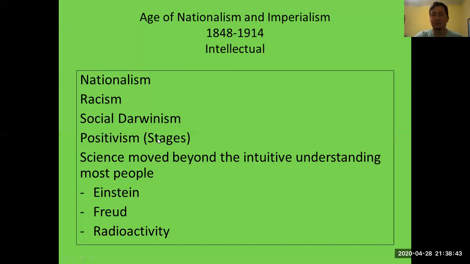We got positivism, this idea of stages, which again feeds into the idea of social Darwinism and racism. Remember, positivism, these are those stages of evolution or evolutionary progression where people groups move from what Kant would have said is a more simplistic view of the world and of themselves to a more complicated view.